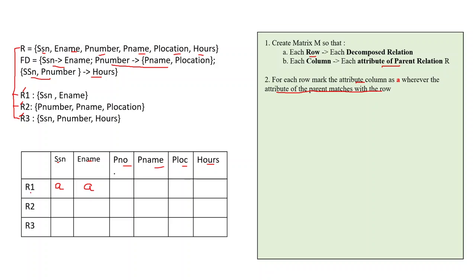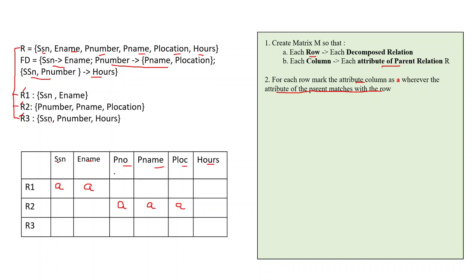Each row corresponds to a decomposed relation. Now R2 consists of pnumber, pname and plocation, so pnumber is marked as A, pname is marked as A and plocation, or ploc, is marked as A for R2.